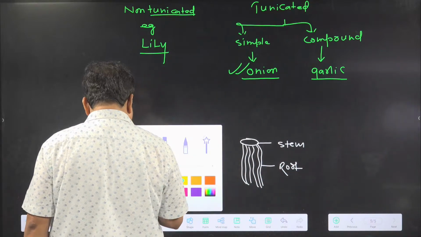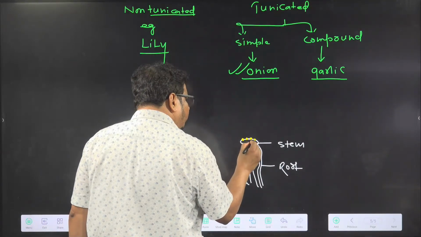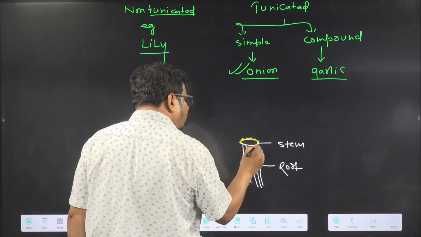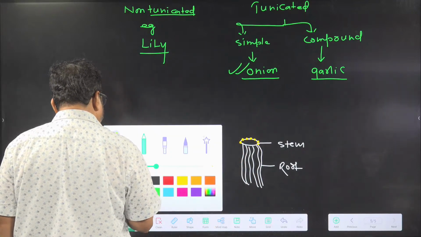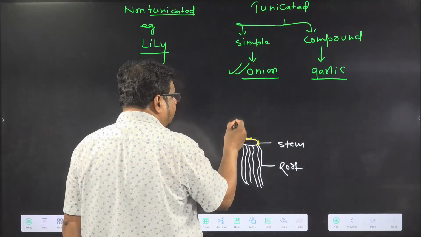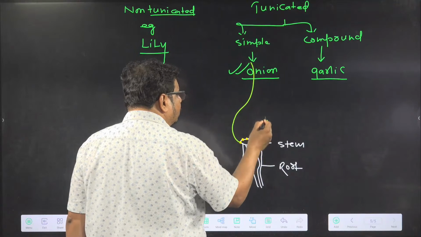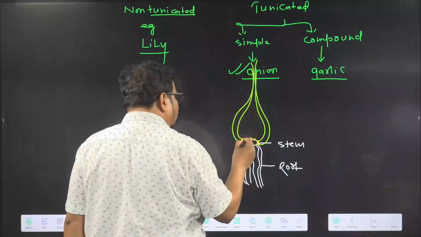Now in the stem of the onion, who is present? Nodes are present. You better know a stem's character is what? Presence of nodes and internodes. So nodes are there, and between two nodes, internodes are there. Now from nodes who is arising? Leaves are arising. So these are the leaves arising from the nodes.